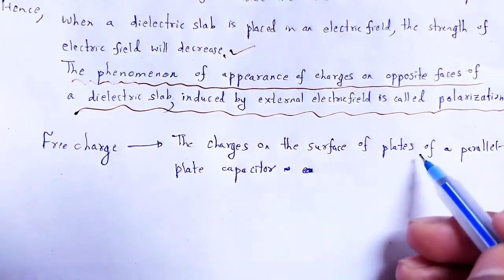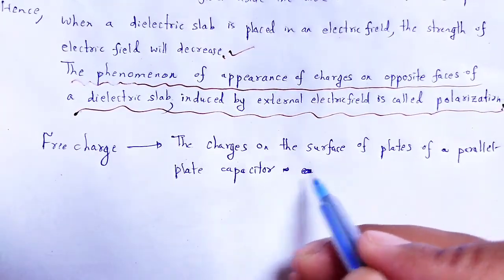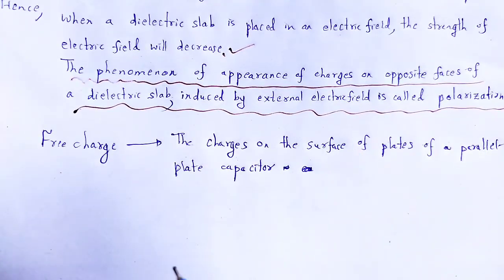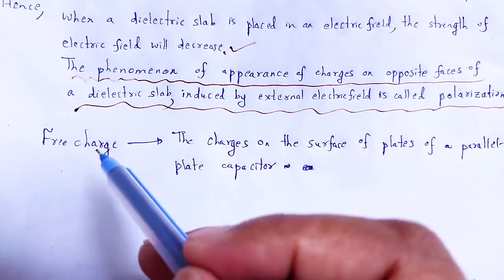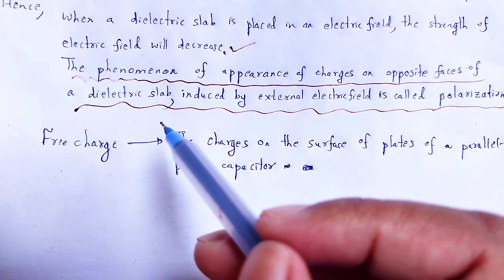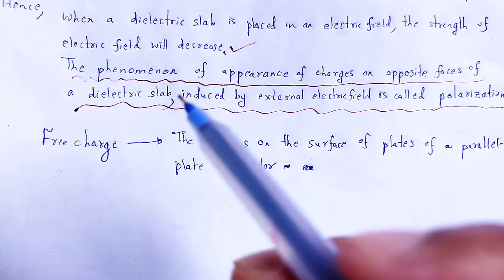The charges on the surface of the plates of a parallel plate capacitor are known as free charge, and the surface density due to this free charge is called surface density of free charge.